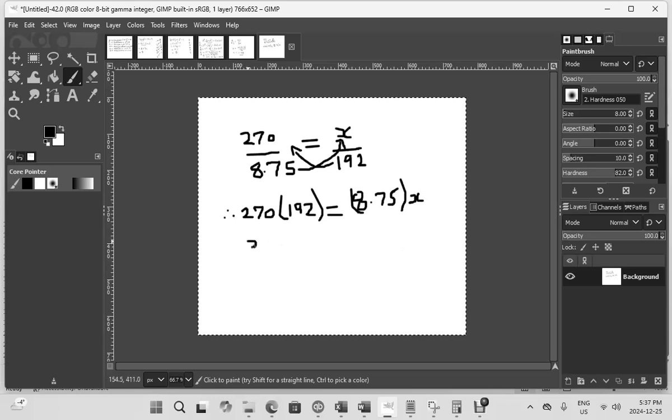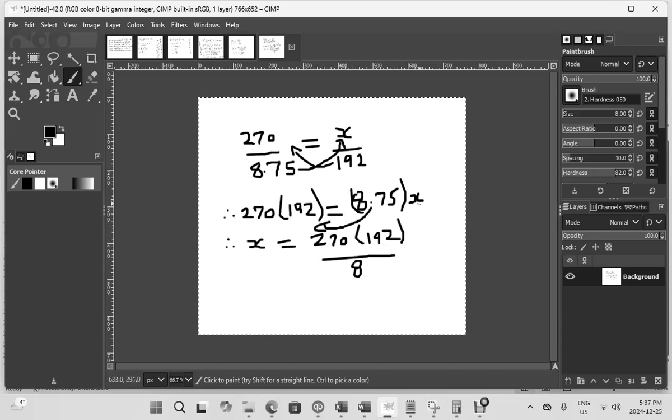Which means your x will equal 270 times 192, divided by 8.75. Notice the 8.75 goes further down.